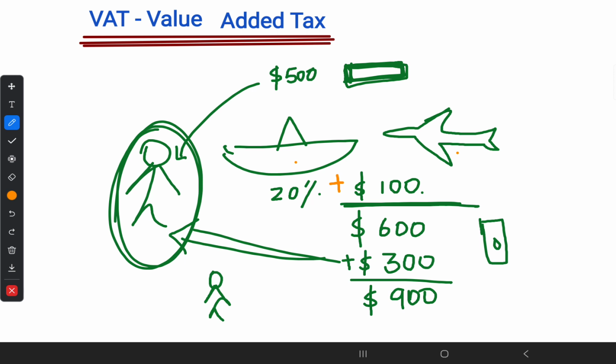So I'll repeat what is meant by value added tax. When a product or a service is bought, a percentage of its total value is charged as value added tax. From the total amount only, they will charge a particular percentage as tax.